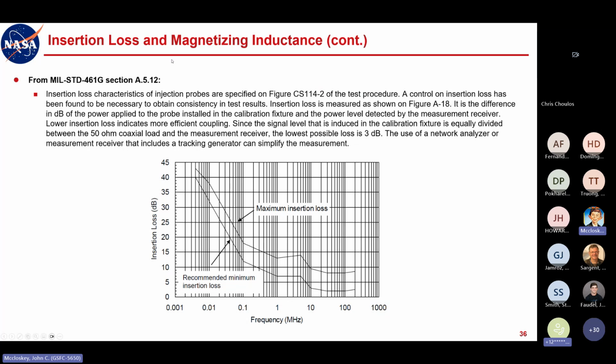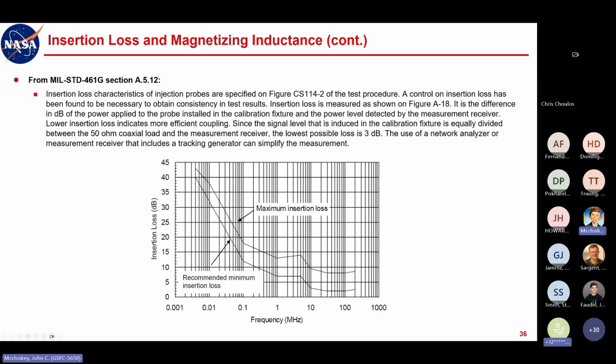Now that's with the clarification of this point here. It's not really the power applied to the probe. It's what the signal generator thinks it would be applying into a 50 ohm load. But just note that at low frequencies, we start at 10 kilohertz. So basically these curves are only meaningful above 10 kilohertz.